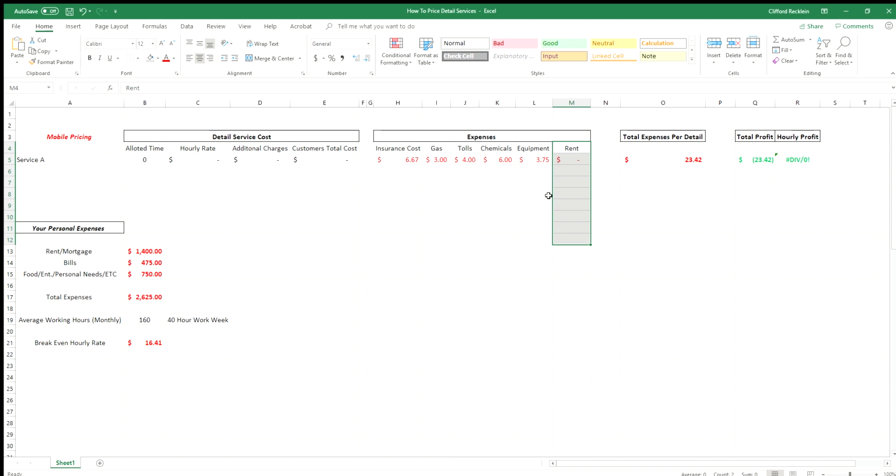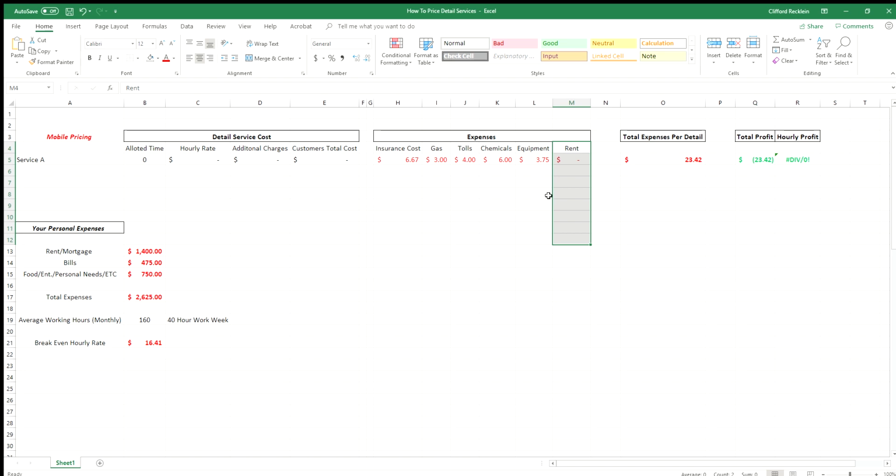And how you find out what it costs per detail is to figure out what the monthly total is of all your expenses for the building or for rent, right? Utilities and everything. And then how many details per month you're going to have. And you divide it out. So let's say it comes out to be $60 a detail is what that rent equates to, then you're going to put $60 here, okay?